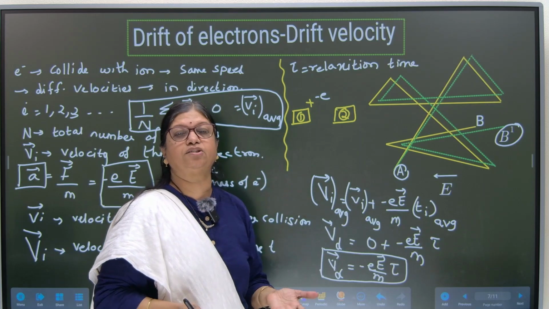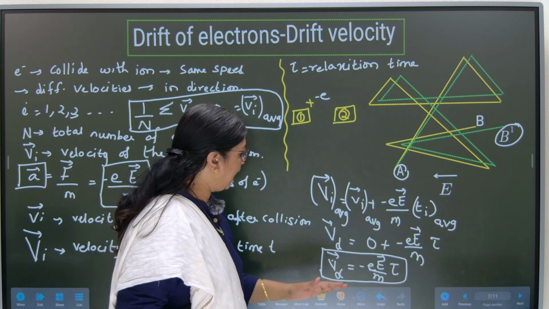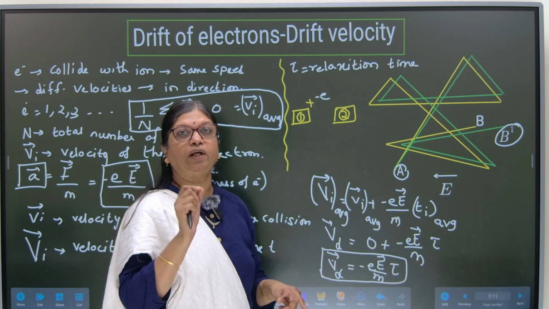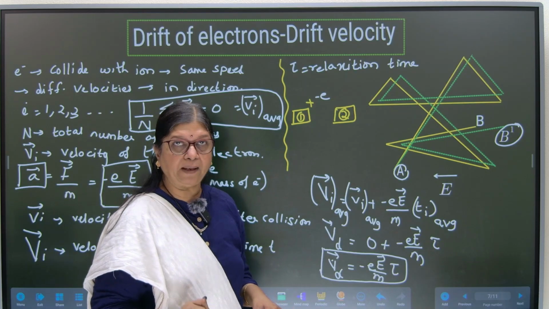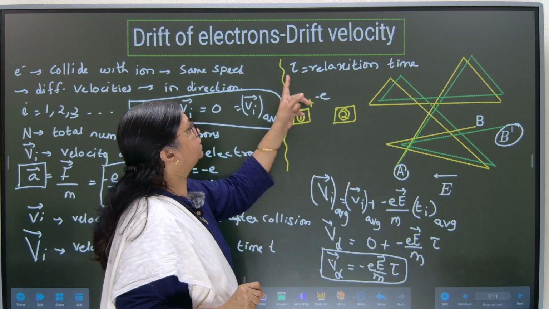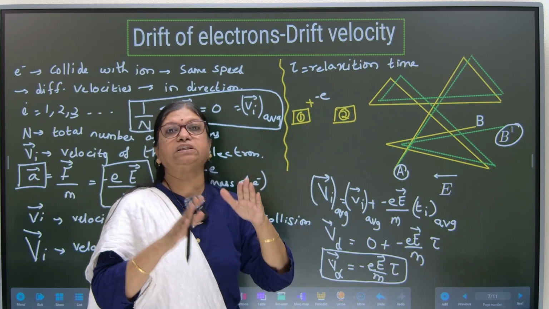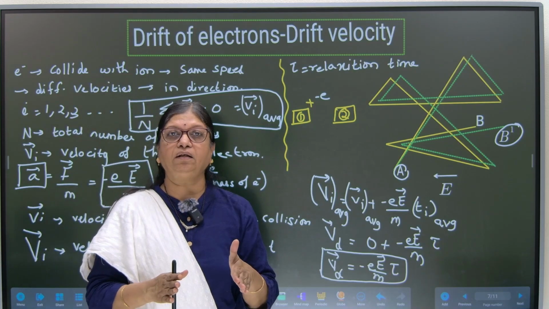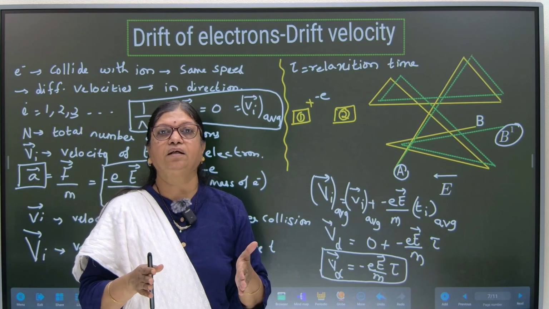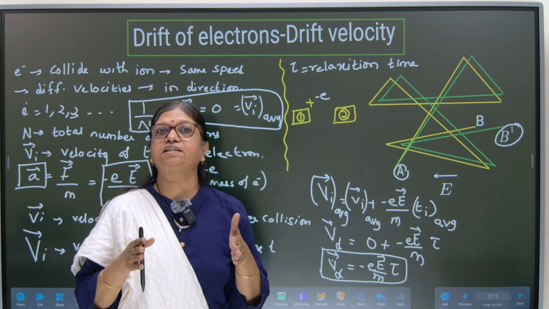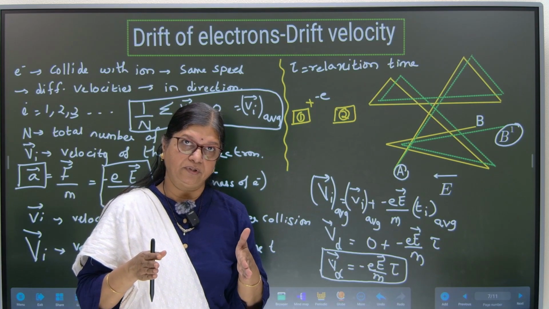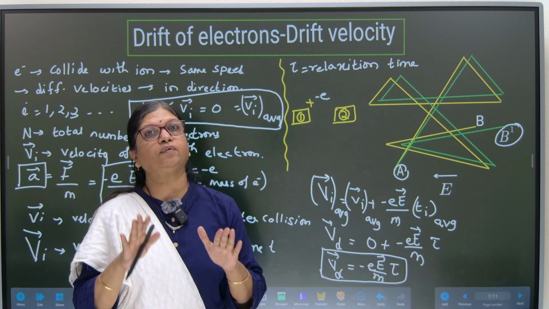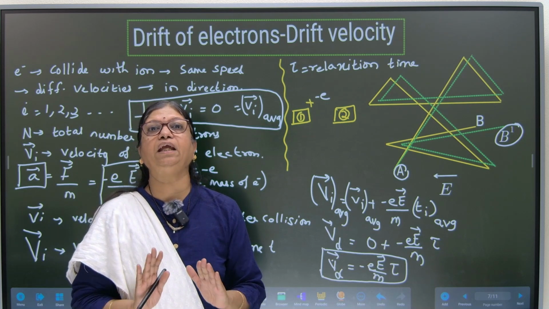Then take the average of each term such that we get Vd is equal to negative Ee upon m tau, where tau is the relaxation time, which is the average of the time spent by the electrons between any two successive collisions. So, I hope you have understood this concept of Vd.